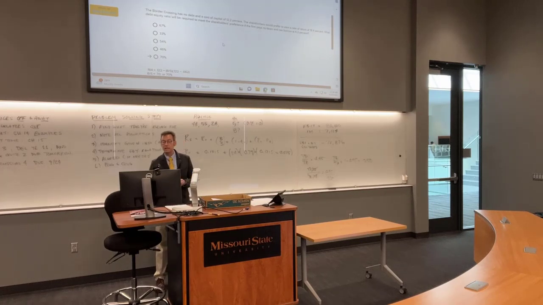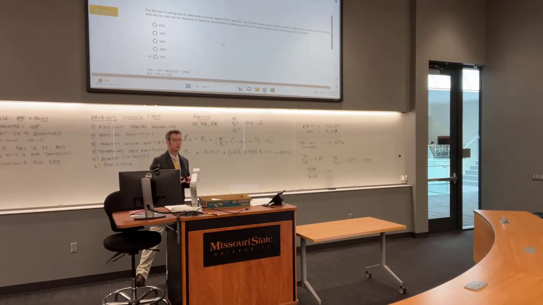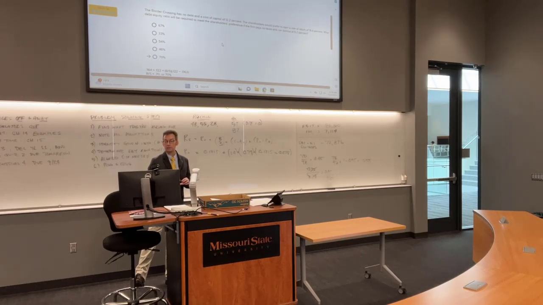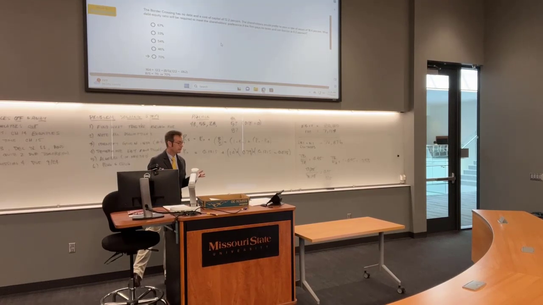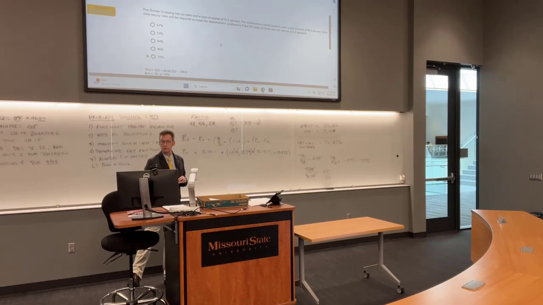Border Crossing has no debt and a cost of capital of 12.2%. That is your unlevered equity required return. So that would be R sub 0. The shareholders would prefer to earn a rate of 16.4%. So what's the debt to equity ratio required to meet the shareholders' preference if the firm pays no taxes and can borrow at 6.2%? What is 16.4% out of those variables that we've got in Proposition 2, no taxes?